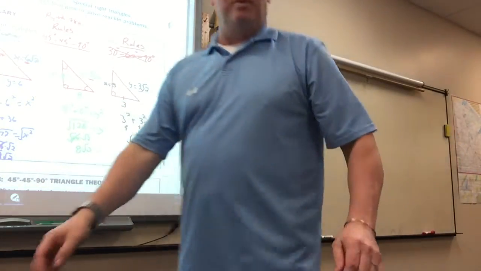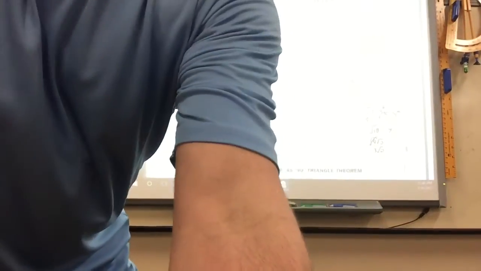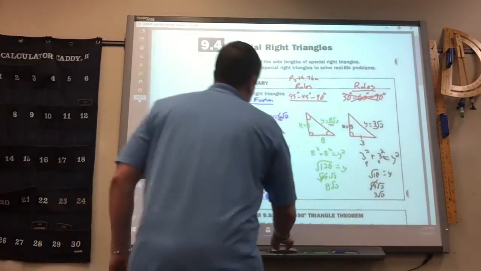Then the other rule is if you know the hypotenuse and you're looking for the legs.